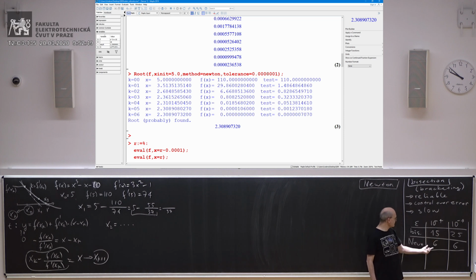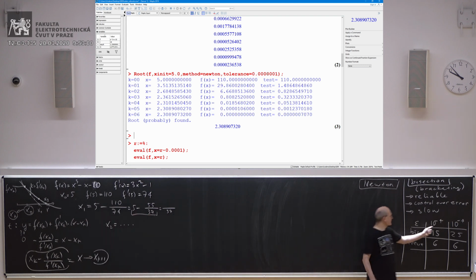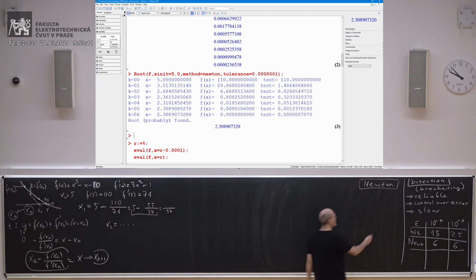There is no reason for the Newton method to stop earlier, because the improvement is so vast in just one iteration. If it stopped in iteration 5, then the error would be larger than 10 to negative 4, and the next iteration already has a very nice small error. So that's a wickedly fast algorithm. Let's put it here: fast.